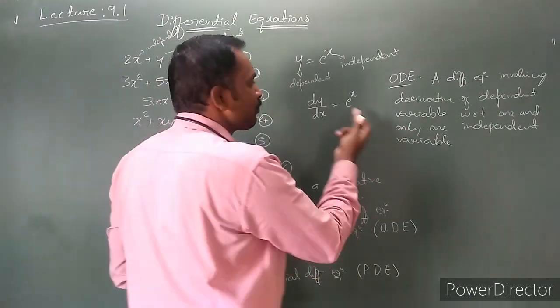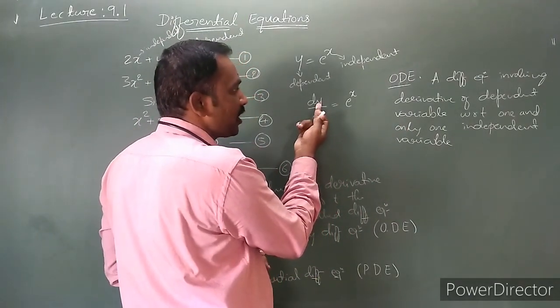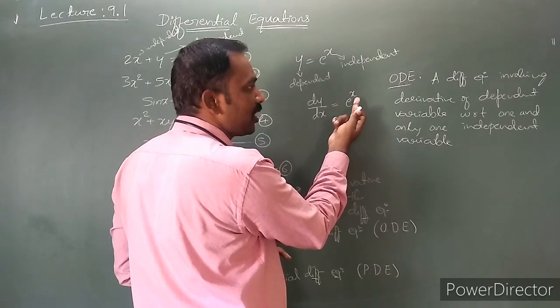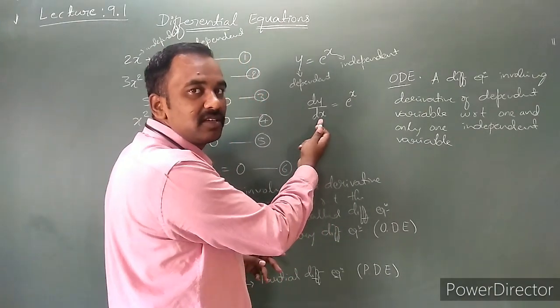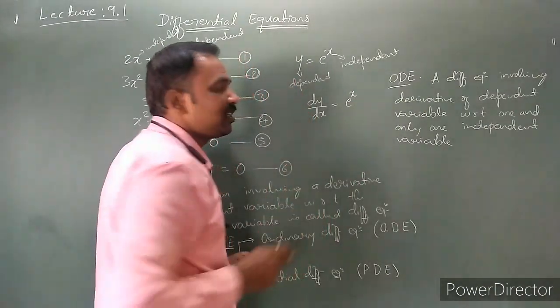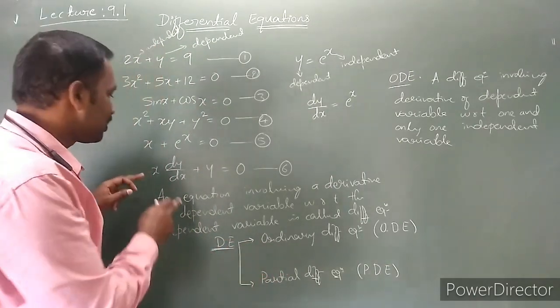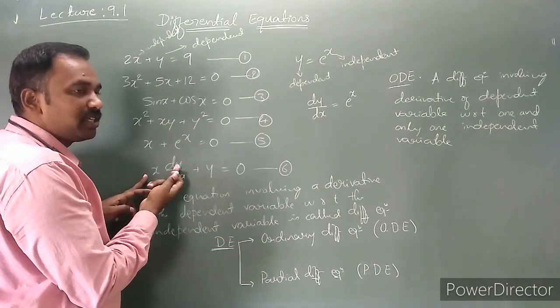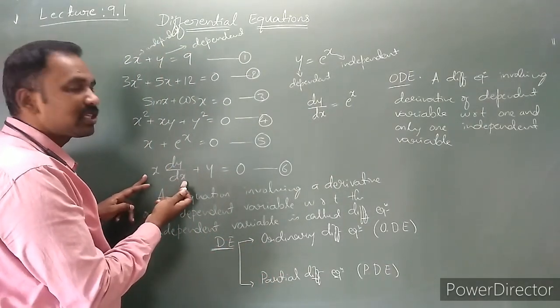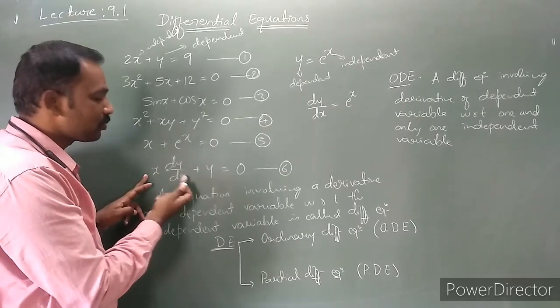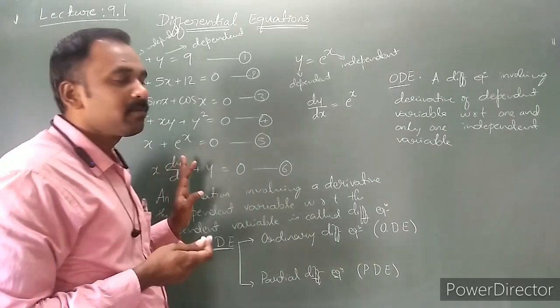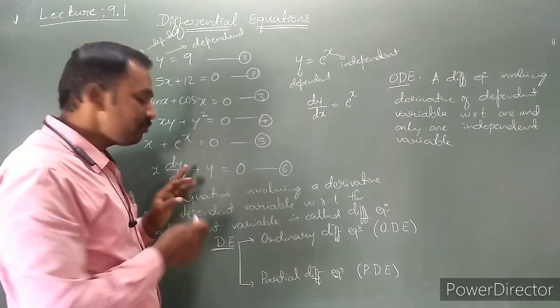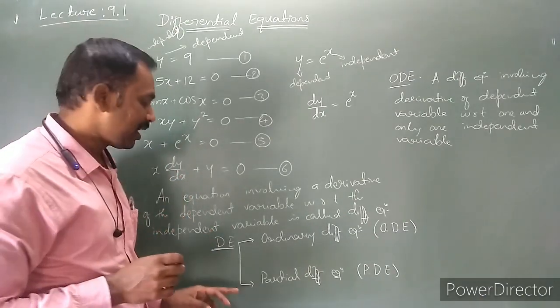Here also, derivative of the dependent variable y with respect to the independent variable x. Only one independent variable is there. This is said to be an ordinary differential equation.